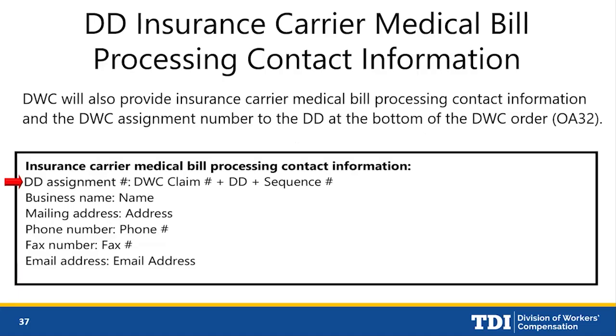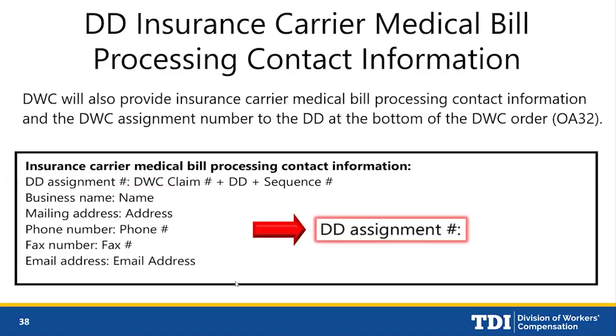Next, we have the insurance carrier medical bill processing contact information. I've included a picture of the second page of that OA 32 order from the division, and it's another place that you can find that DD assignment number. It's going to be right here at the top.